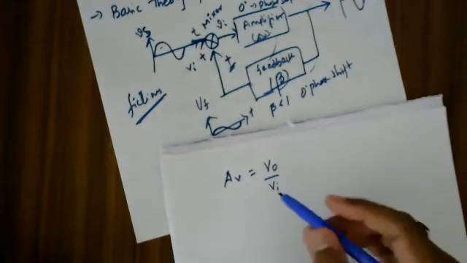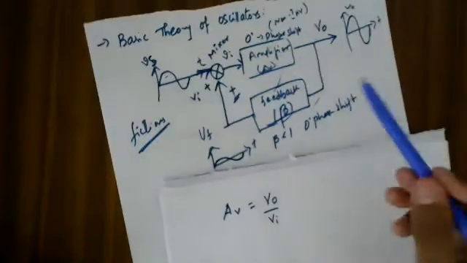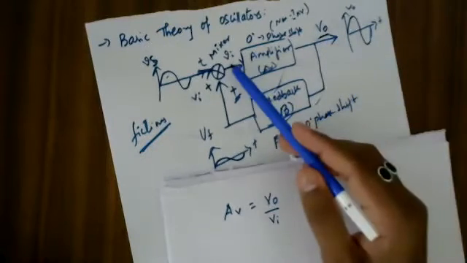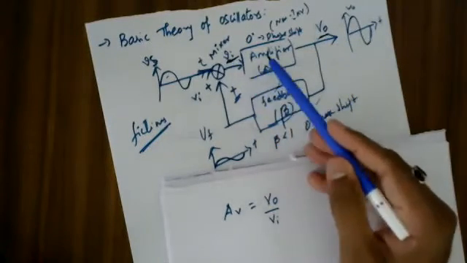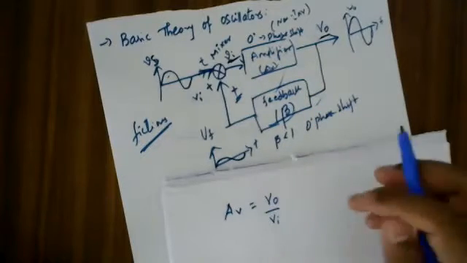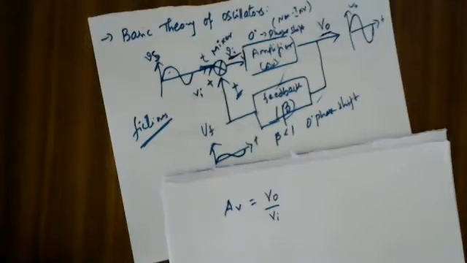Can you tell me what kind of gain it is? With reference to this block diagram, V out is your output voltage, V in is the input voltage applied to your amplifier. So what kind of gain is this equation defining? Anybody can answer me in the group chat?